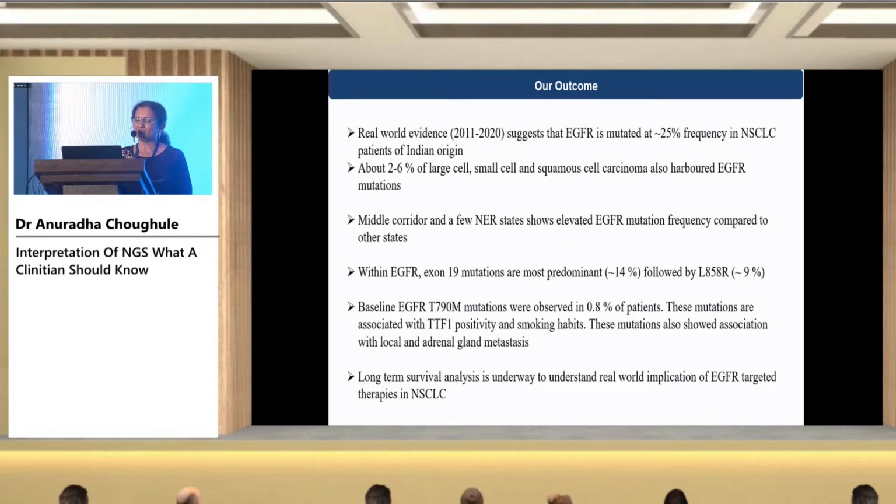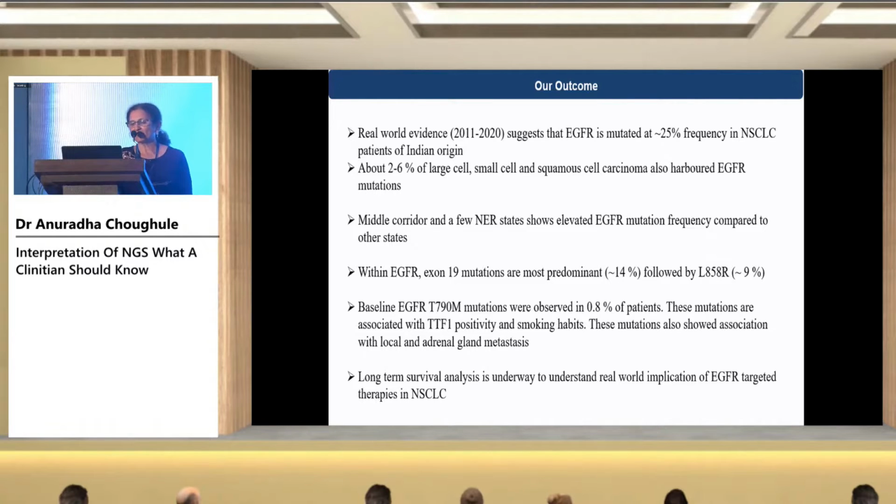Within EGFR, exon 19 mutations are the most predominant, followed by L858R. Baseline EGFR T790M mutations were observed in 0.8% and are associated with TTF1. This mutation also showed association with local and adrenal gland metastasis.